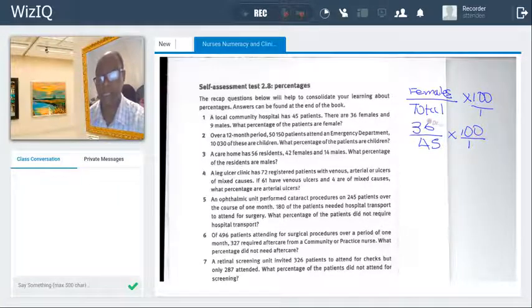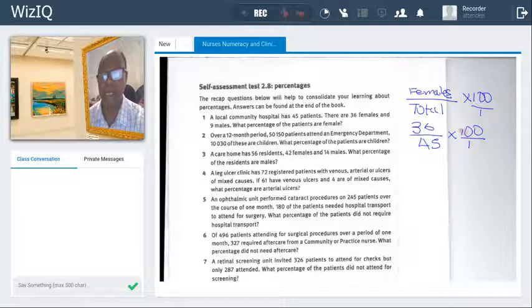Now, there are two ways of doing this. You can multiply numerator with numerator, the top, and denominator with denominator. However, you can try to find what number can divide into these without a remainder.